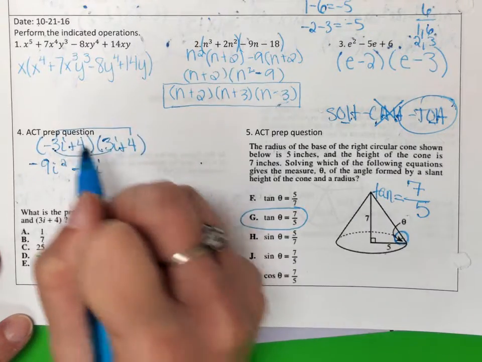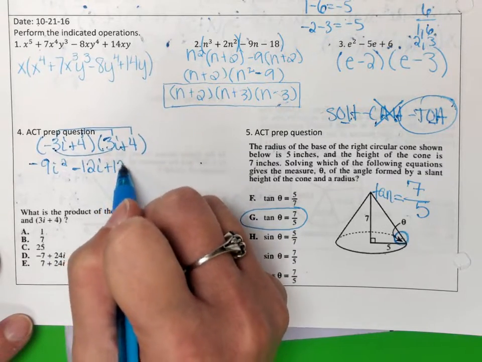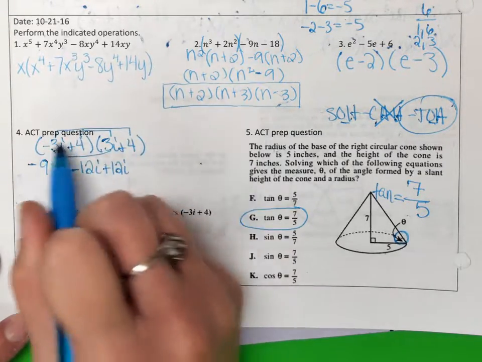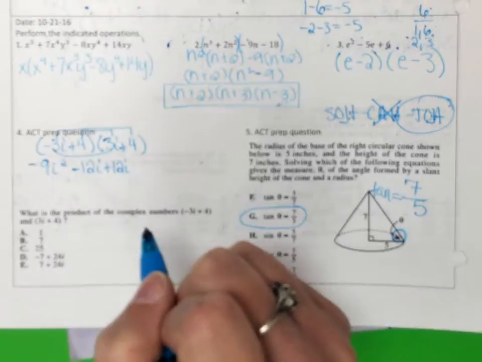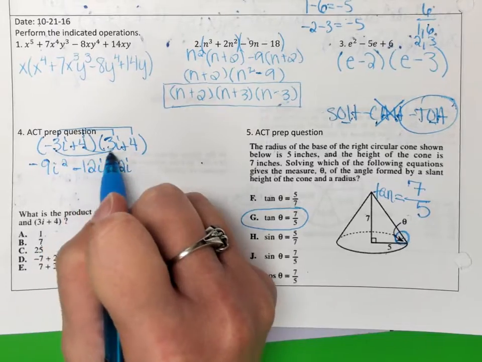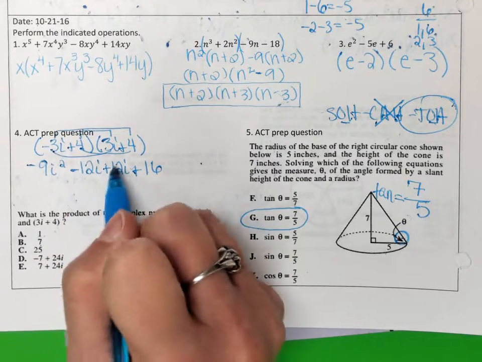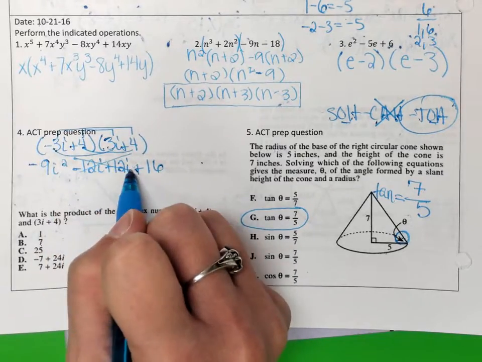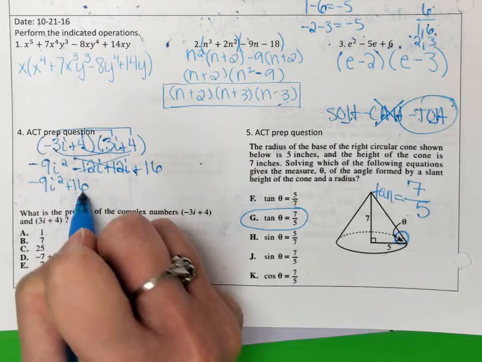What's my inner? Plus 12L. Yep. Oh, I think you wrote yours backwards, Sam. Sorry. I just read it in the order they gave it to me. But it's still the same thing. And then 4 times 4, 16. What happens to the middle two? They cancel out. So I've got negative 9i squared plus 16.